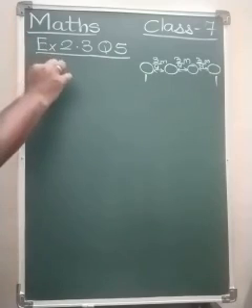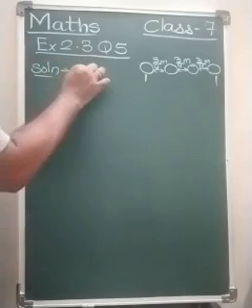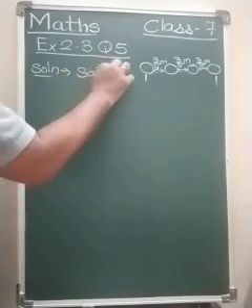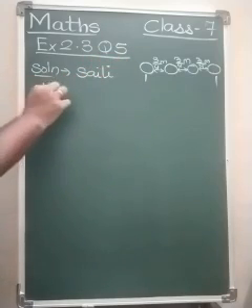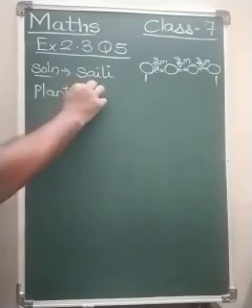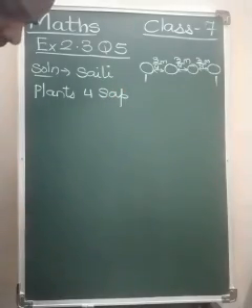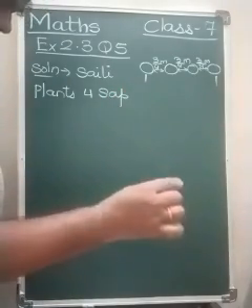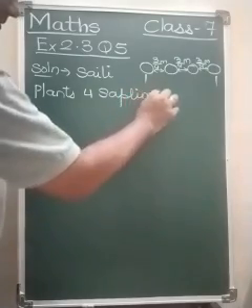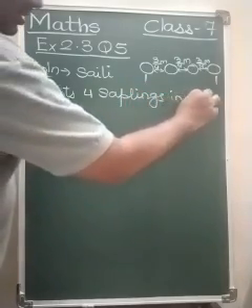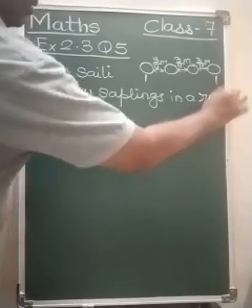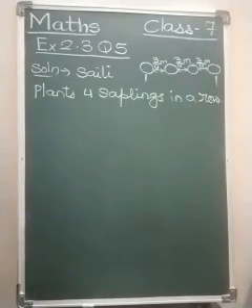Solution. Saili plants 4 saplings in a row.